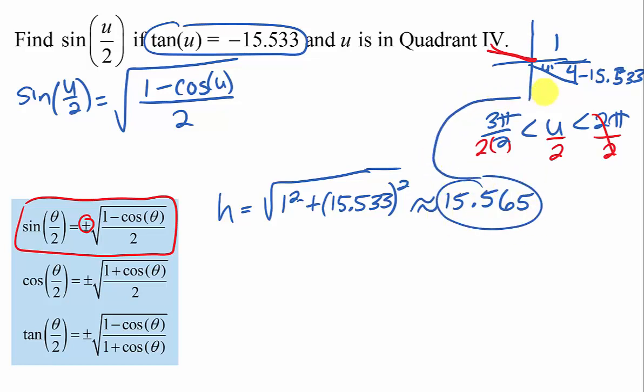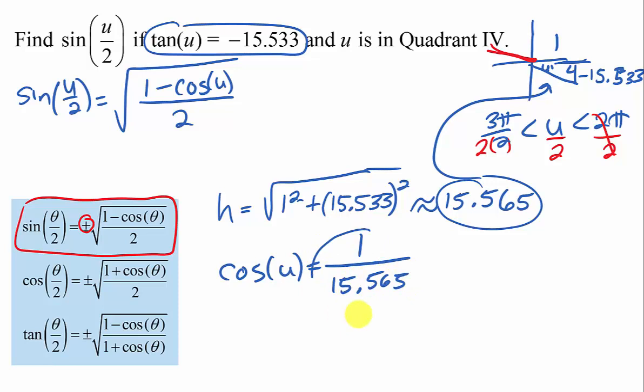So that is our value here for our hypotenuse. So cosine of u is going to be adjacent, which is 1, over hypotenuse 15.565.